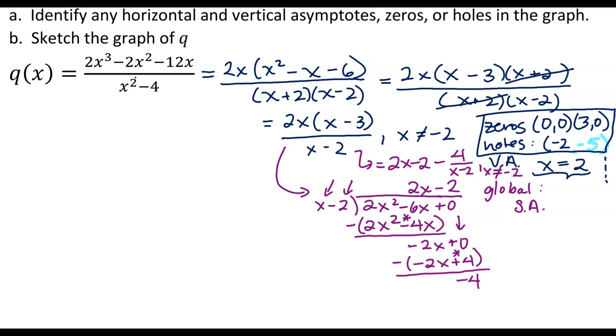But it's okay that I kind of scrunch that, because what really matters here, we're only using this for our global behavior. And what we care about is that as x gets really, really big, this fraction at the end gets tiny. It basically becomes negligible. So what's going to dominate the behavior of the function at that point is this line, 2x minus 2.